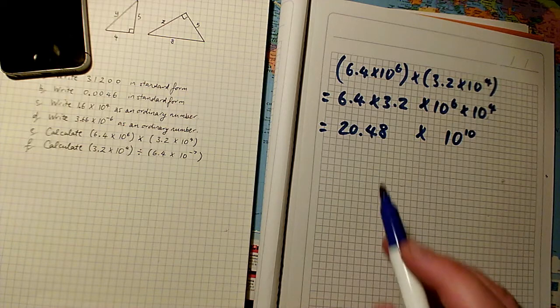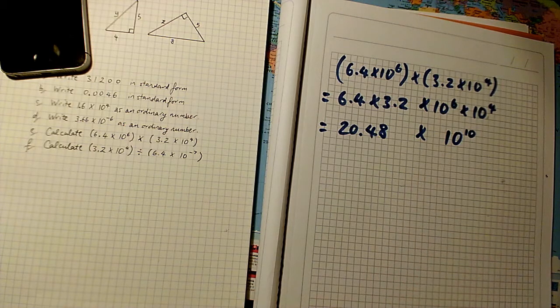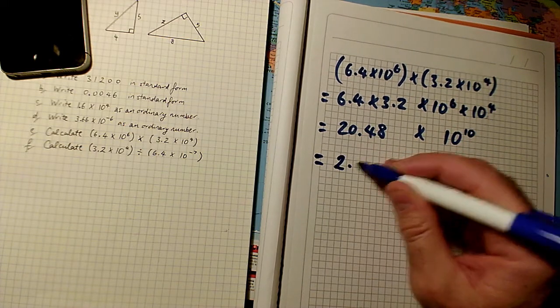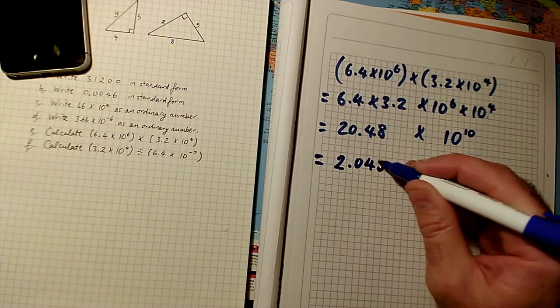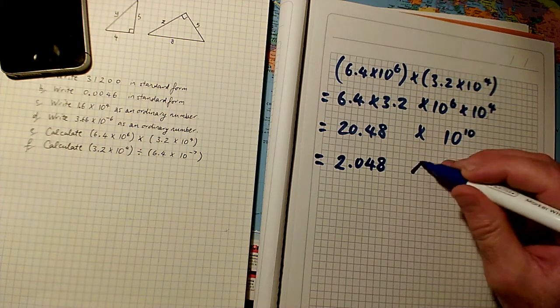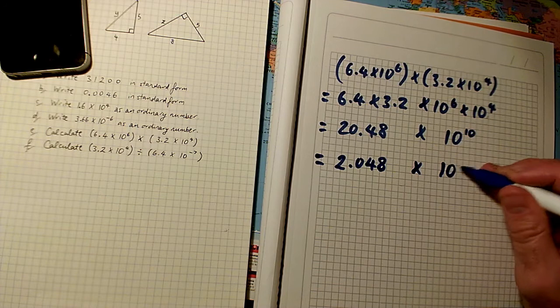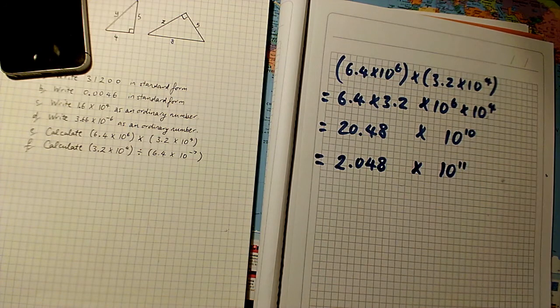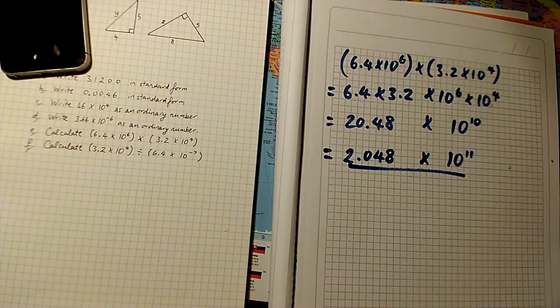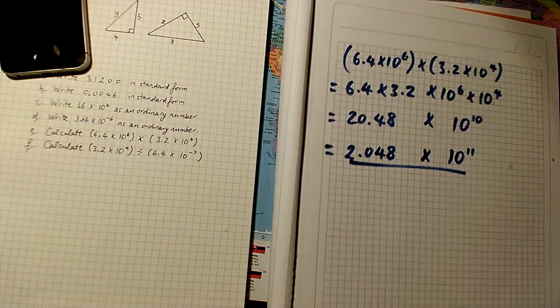So answer 20.48 times 10 to the power of 10, but that's not in standard form. So we just need to make the first bit 10 times smaller and make it 2.048 by moving the decimal. But then because we've done that, we're going to make the next bit 10 times bigger, so it's 10 to the power of 11. So final answer in standard form, 2.048 times 10 to the power of 11.